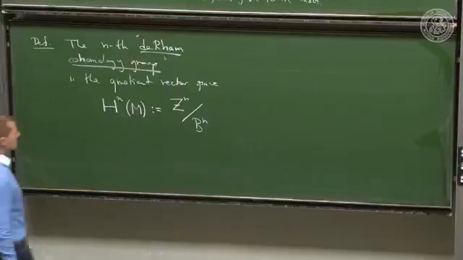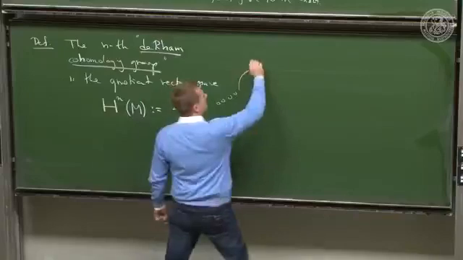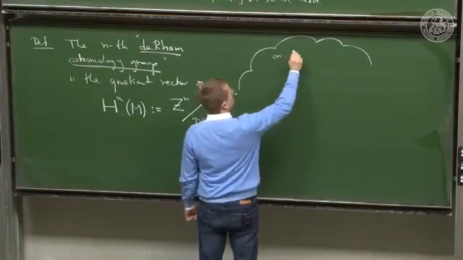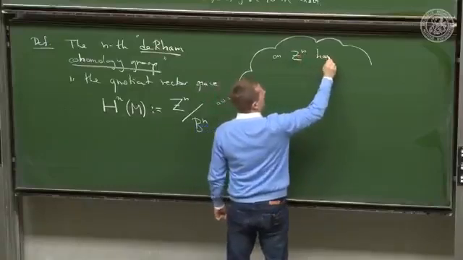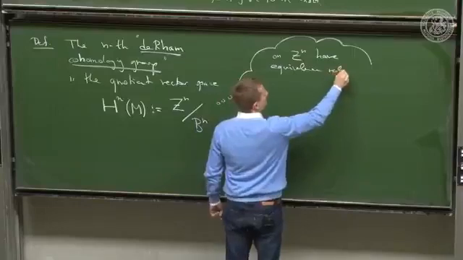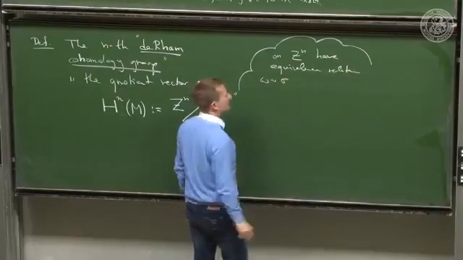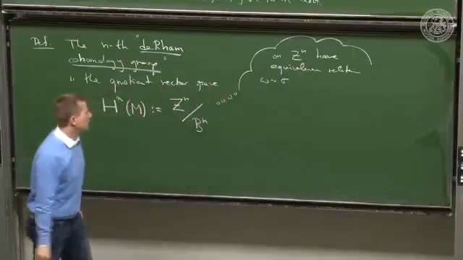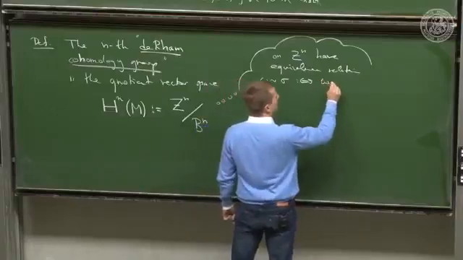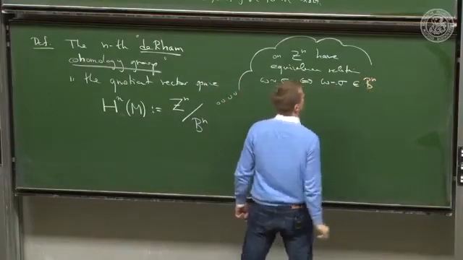And now you might ask, what is this quotient of vector spaces? Well, this is just short notation for saying you have on Zn an equivalence relation that relates two forms omega and sigma that are already closed, by definition if and only if their difference is actually exact, right?